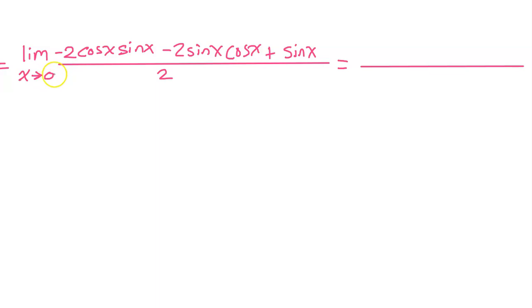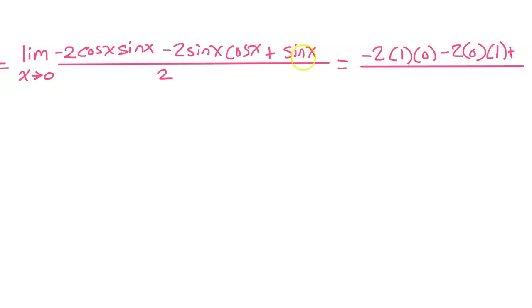If I do direct substitution now, I get negative 2. Cosine of 0 is 1. So I'm going to just go ahead and put 1. Sine of 0 is 0. And I've got minus 2. Sine of 0 is 0. Cosine of 0 is 1.